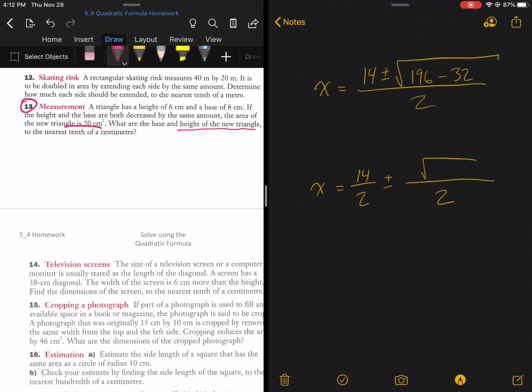Now this 2 belongs to the 14 in the numerator. That becomes 164. Is that a perfect square? I doubt it. But anyway, you can do the math and figure the rest out.